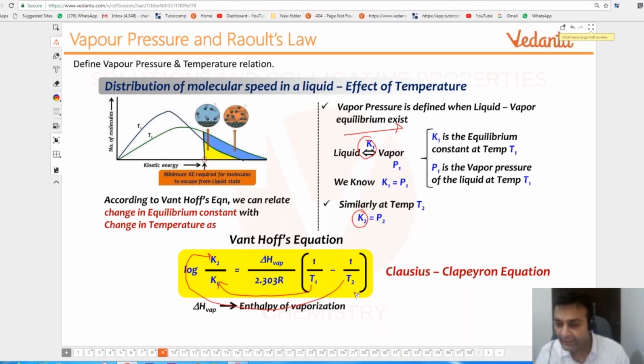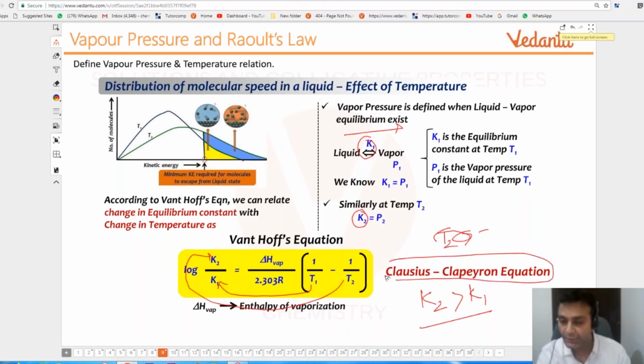So at a high temperature, K2 is higher than K1. It means the K value increases with the increase in temperature. And this equation is known as the Clausius-Clapeyron equation. That will tell you by what percentage K will increase, and by what percentage the vapor pressure will increase.